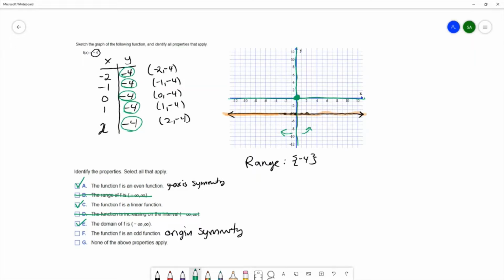If I look at quadrant 1 versus quadrant 3, you can see quadrant 1 has no piece of the graph in it, and quadrant 3 has a piece of the graph, and so these are not mirror images of each other, and so this function is not an odd function. The last statement, none of these properties apply. Since I've selected some of them above, we would not check this box.